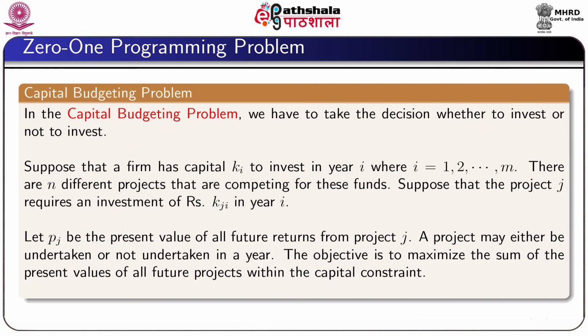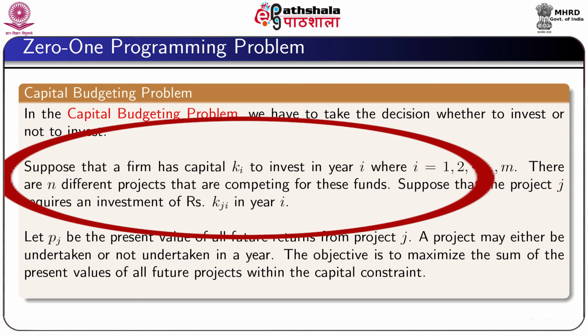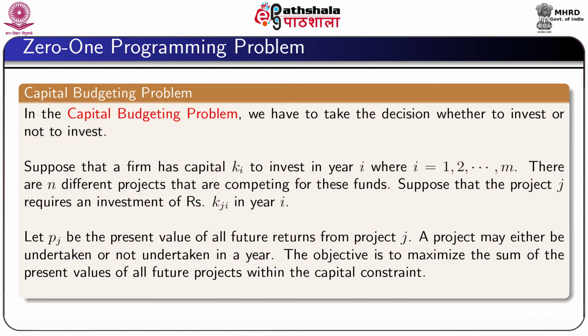We consider a practical problem, which is the capital budgeting problem. In the capital budgeting problem, we have to take the decision whether to invest or not to invest. Suppose that a firm has capital Ki to invest in year i, where i equal to 1 up to m. There are n different projects that are competing for these funds.